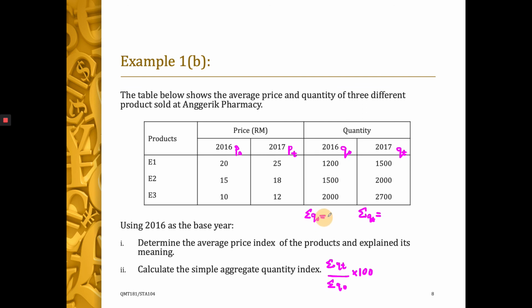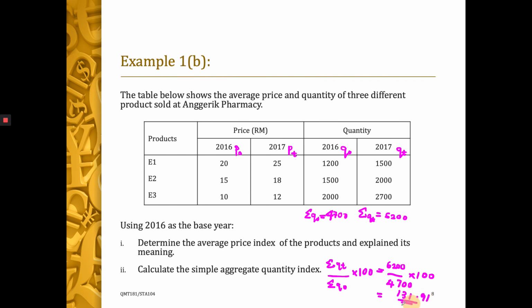So from my calculation, my Q naught will be 4700 and my QT will be 6200. 6200 divided by 4700 times 100, and you get the value of 131.91.